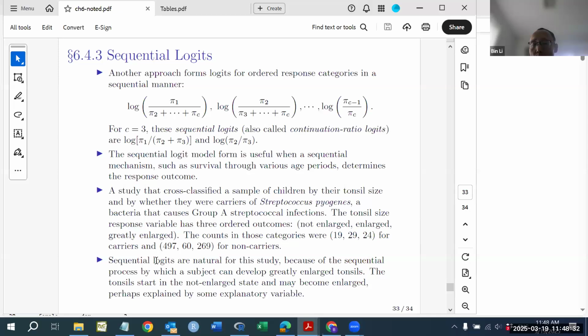The sequential logits we use here are very natural, because of the sequential process by which a subject can develop greatly enlarged tonsils. The tonsil starts in the not enlarged state and may become enlarged. That probably best explains the results.